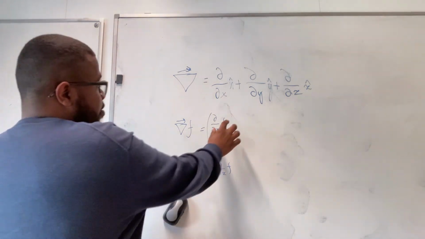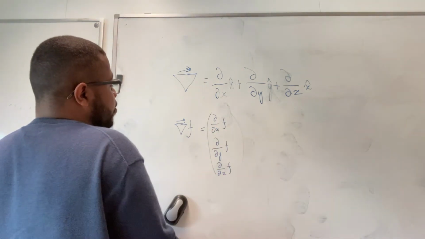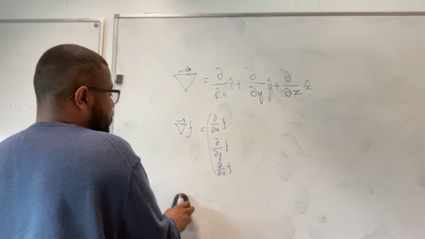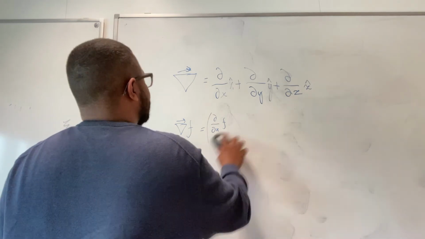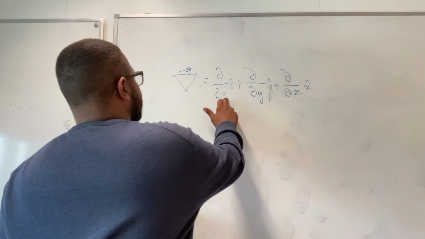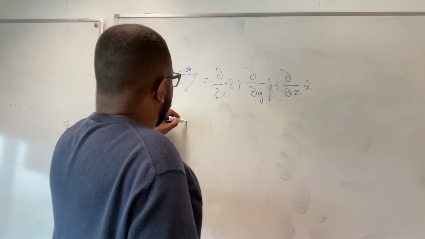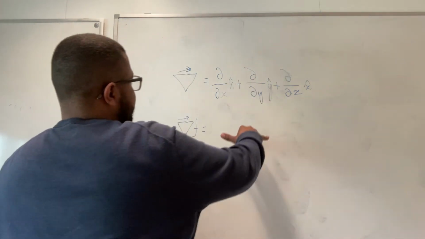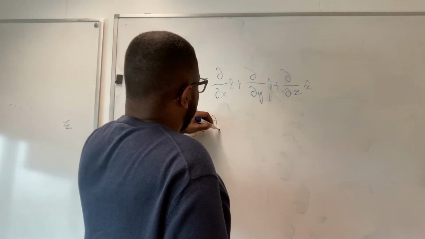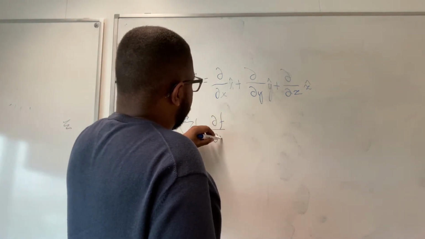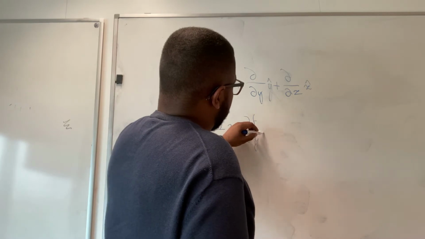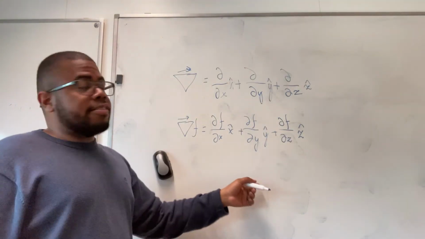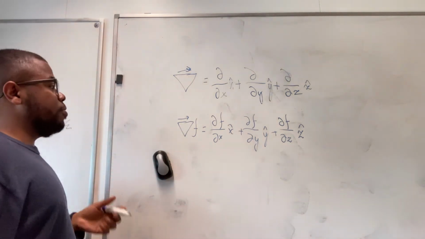So basically the same elements you have in the column, but you actually calculate now by putting in a function and finding their partial derivatives with respect to the indicated component. So if we were to note this down, it would look basically the same thing, but now with an f right here. In essence, it would be written as this. This would be the gradient of the function f.